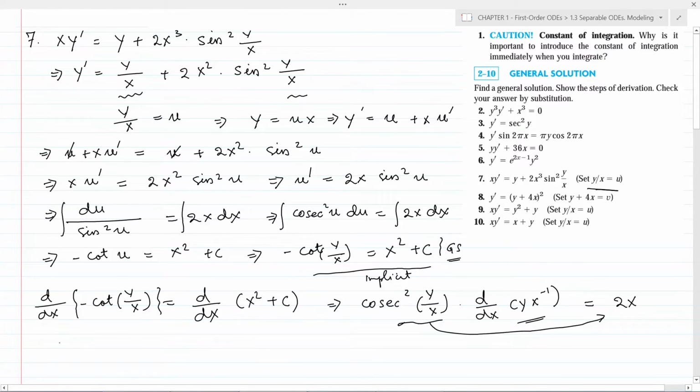and we can write y multiplied by minus 1 x to the power minus 2 plus x to the power minus 1 dy by dx, which is y dash, is equal to 2x sine square y by x.